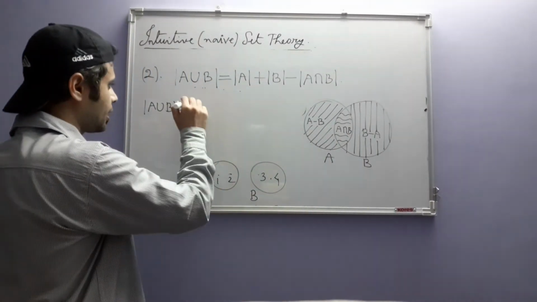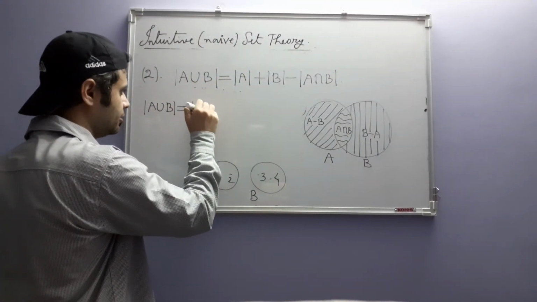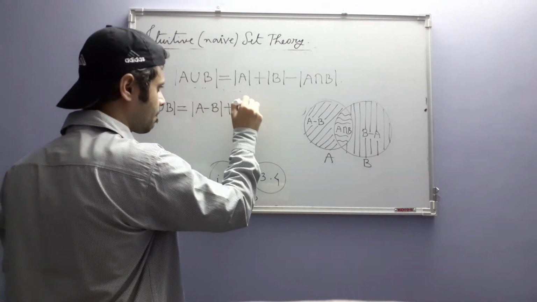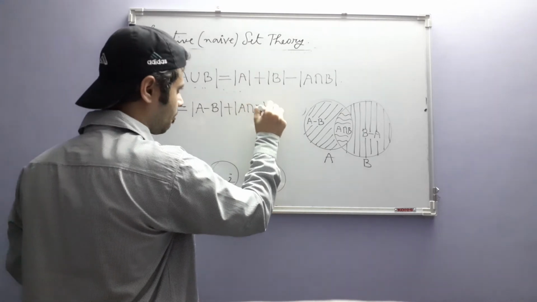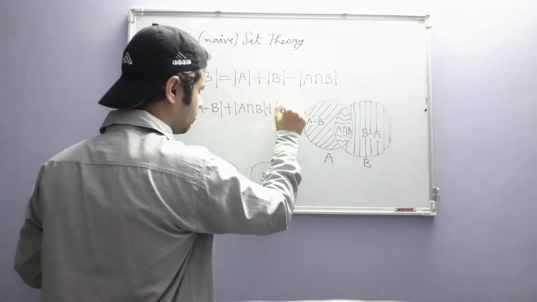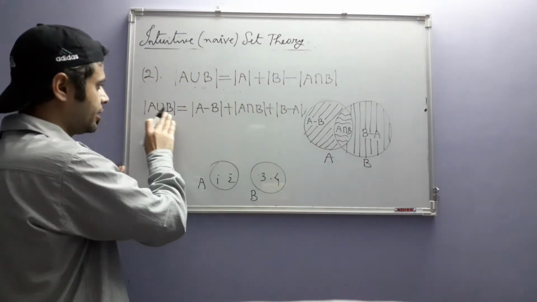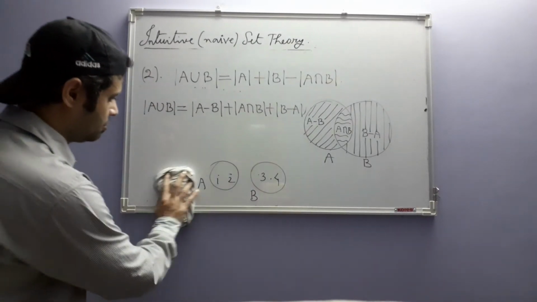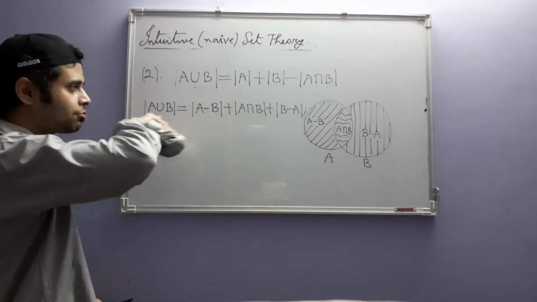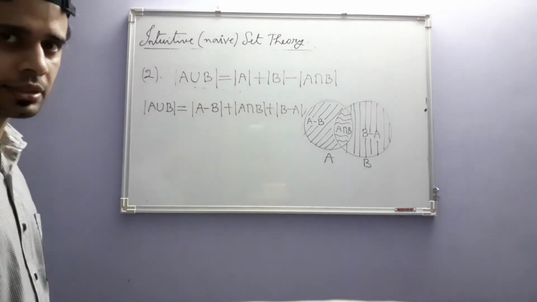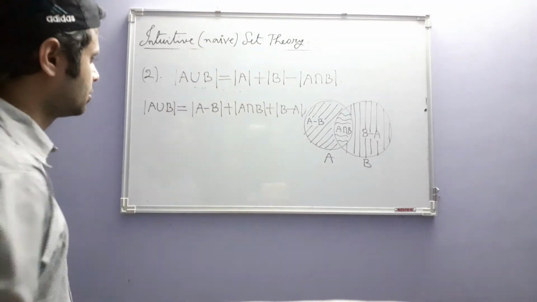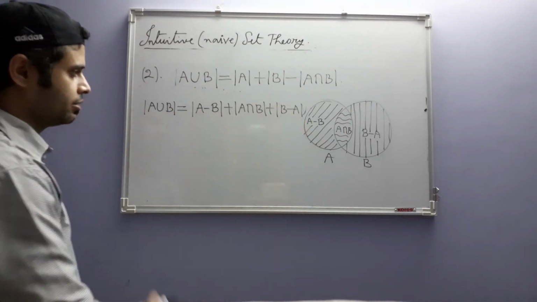So that's why I can add their cardinality to give me the cardinality of their union. This is coming from the first result as well as the mutual disjointness, and you have to prove those things. Okay, so this is one thing.